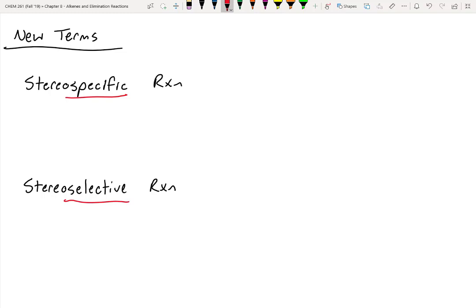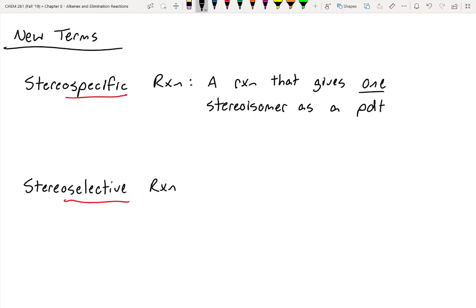So let's try to define this in terms of chemistry and not cars. So a stereospecific reaction is a reaction that gives one stereoisomer as a product.